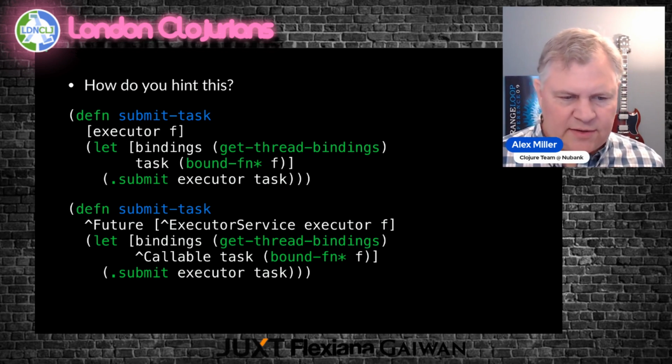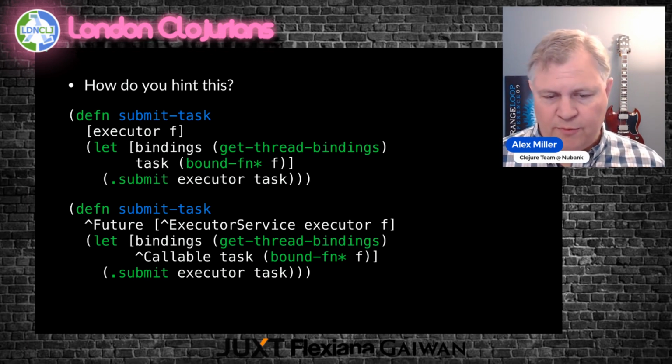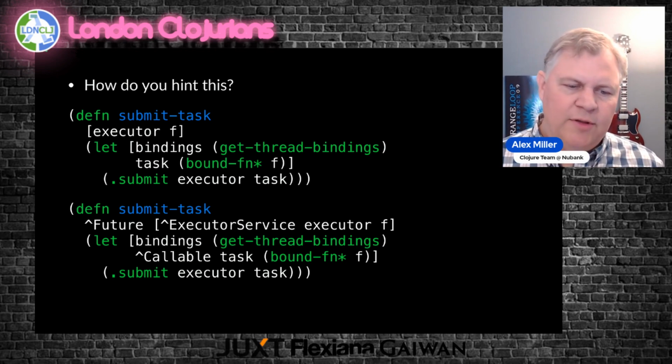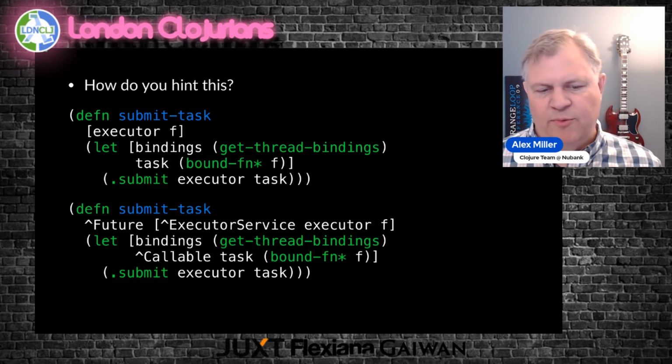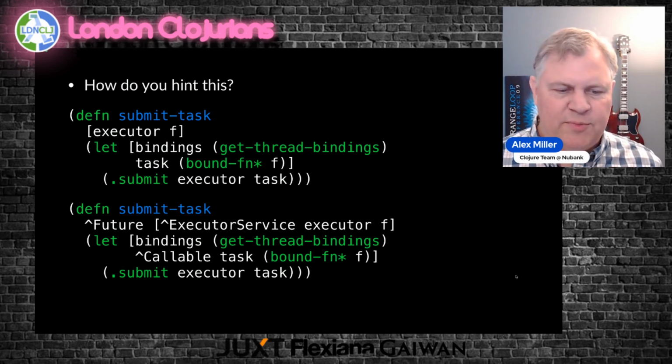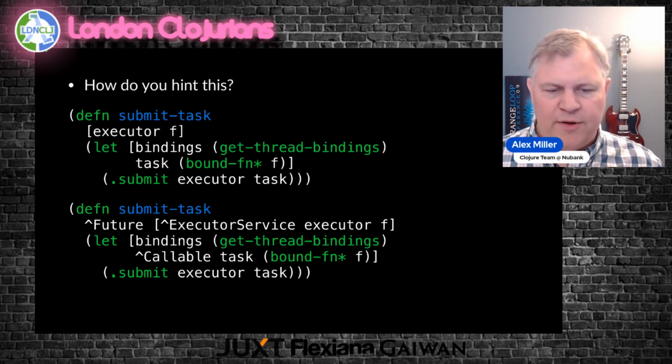And then task is actually, I believe there's submit methods for both Runnable and Callable. And Clojure functions are very cool in that they are both Runnable and Callable. But the downside is that it's ambiguous which one you're trying to pass to submit here. So you need to type hint it to one or the other.